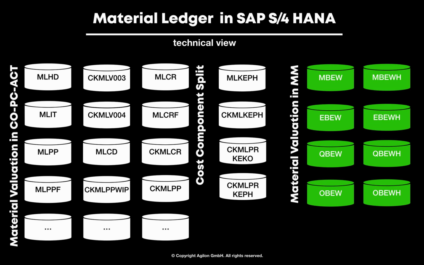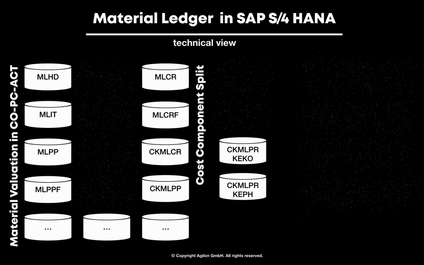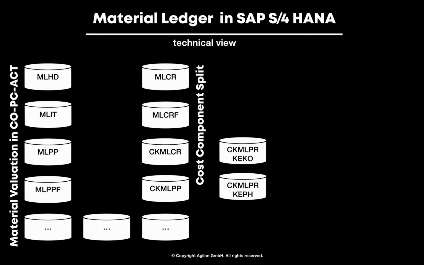With SAP S/4HANA, the data redundancy has been removed. For example, BEW and BEWH tables, which used to store material actual and material historic valuation data in material management. Other tables have been cleaned up.